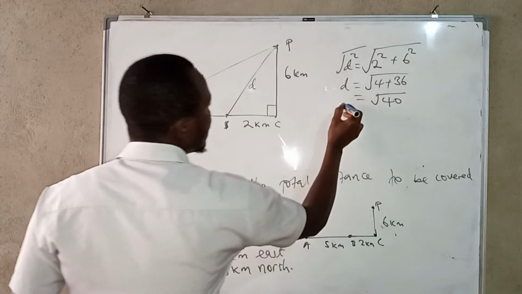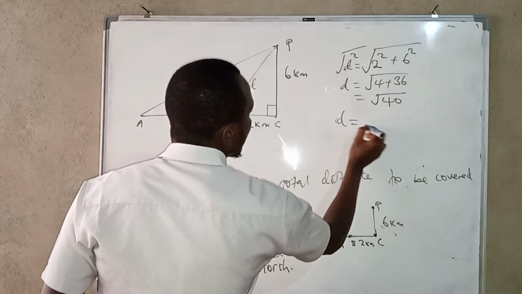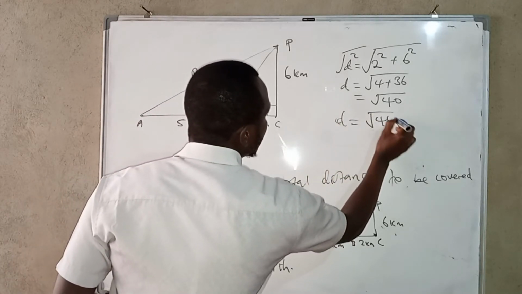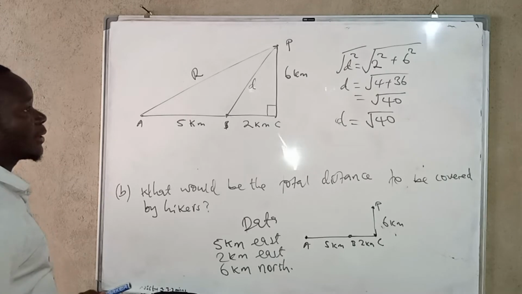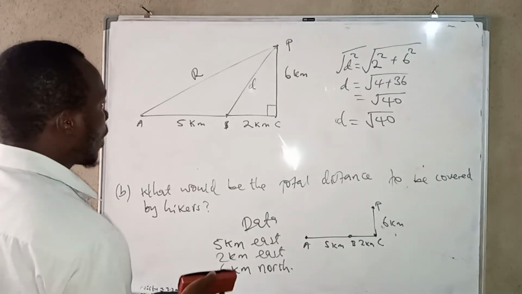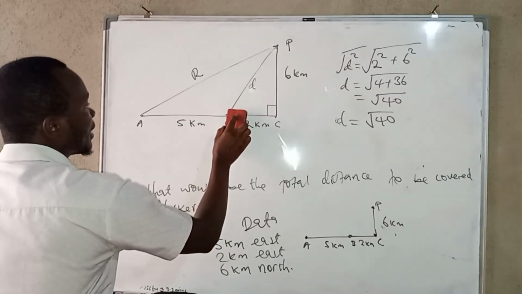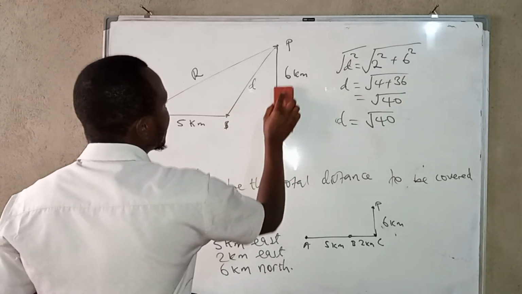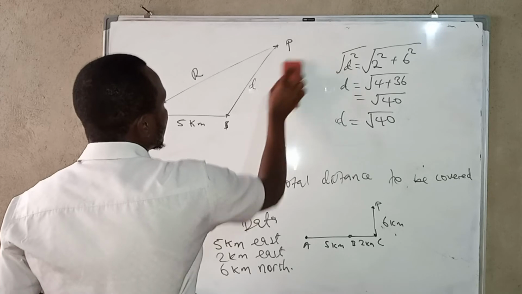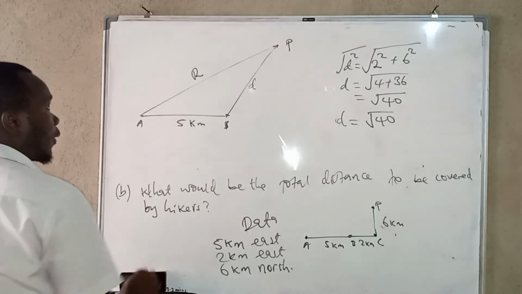Now, from this, we are going to draw and label clearly. We can erase this since we have found the shortest route. So the displacement vector will be this.